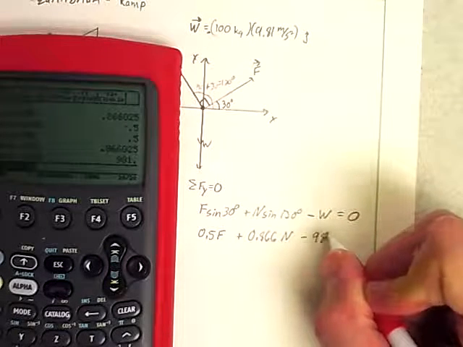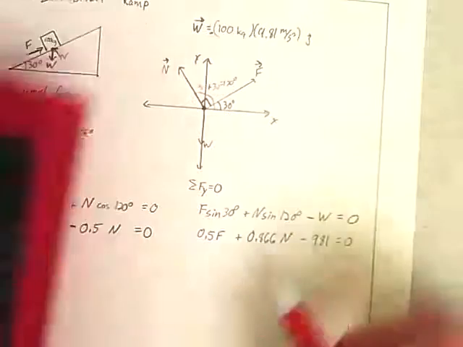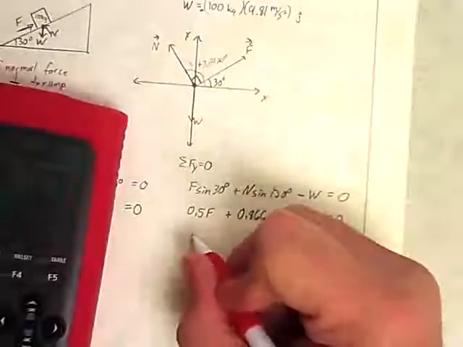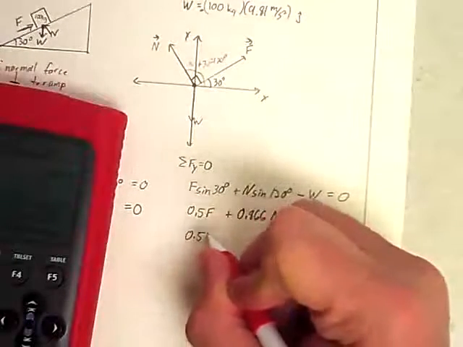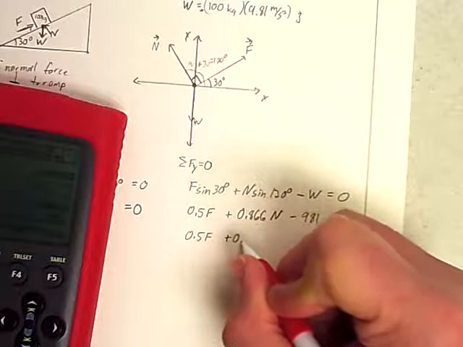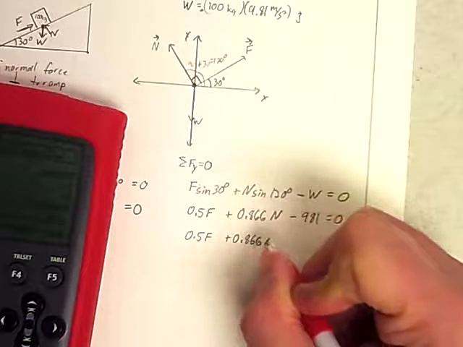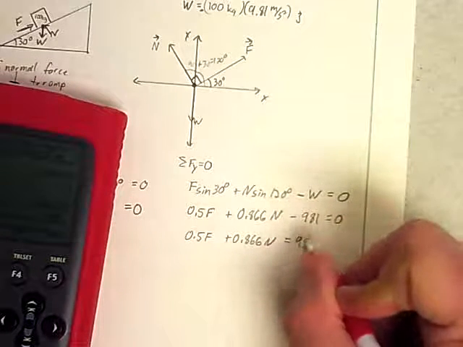So it's 981, equals 0. Or if we rewrite that, 0.5 F plus 0.866 times N is equal to 981.